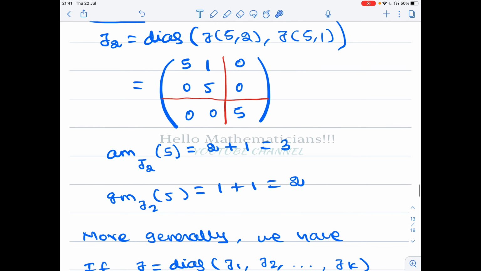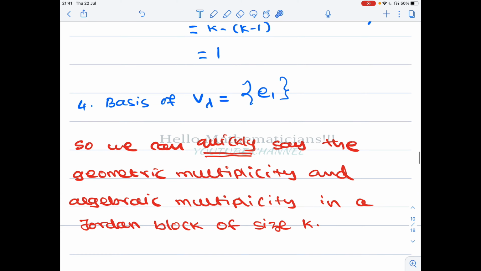That is why we have these two equalities.